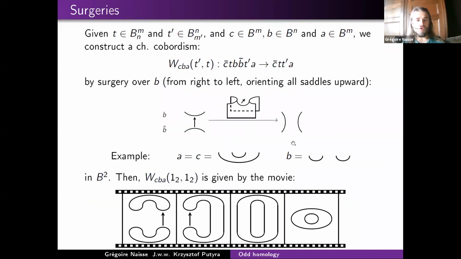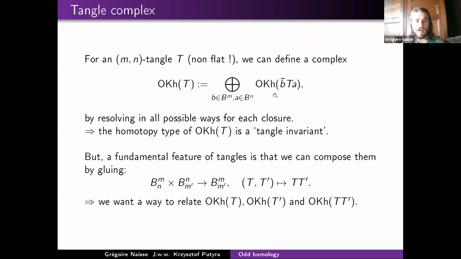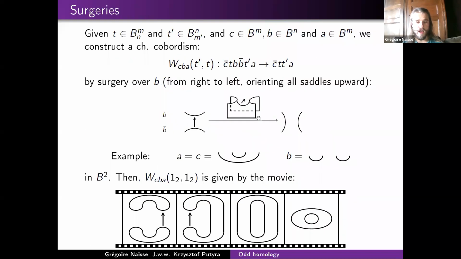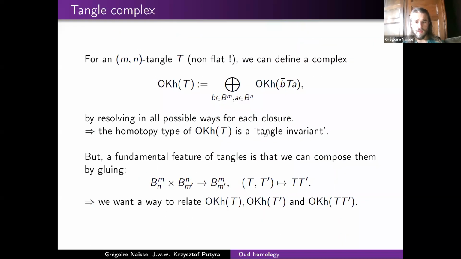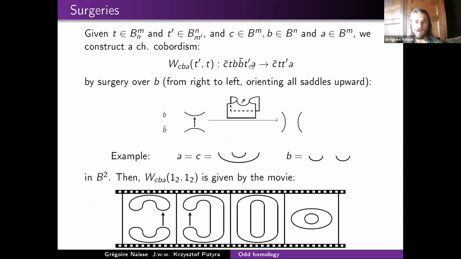Usually, and don't focus on the details, what you do is construct something that we call an arc algebra. To the space you associate to tangles, you give the structure of a bimodule over this algebra. So now to tangles you associate a bimodule.